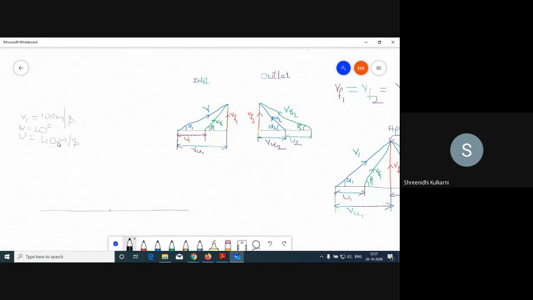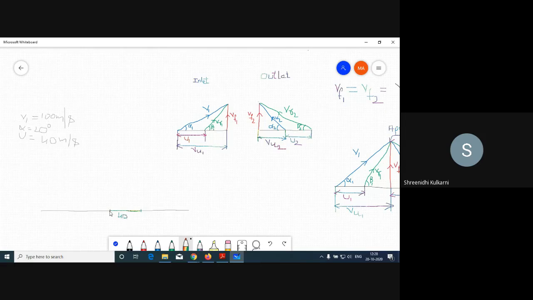So first I will write U, using this sketch pen, from here to here. How much is this? This is 40 meter per second.